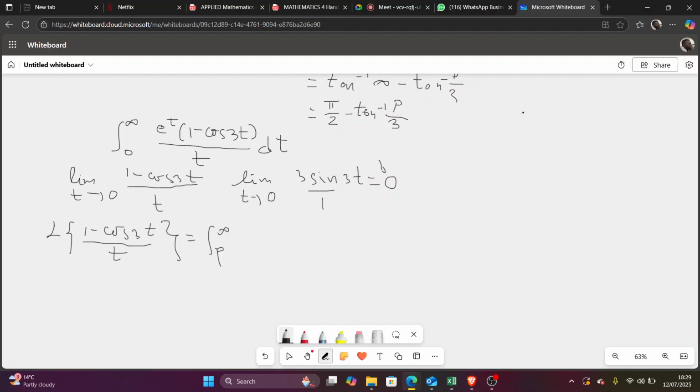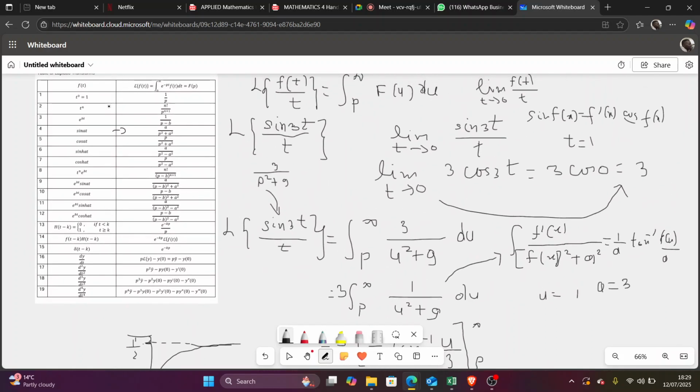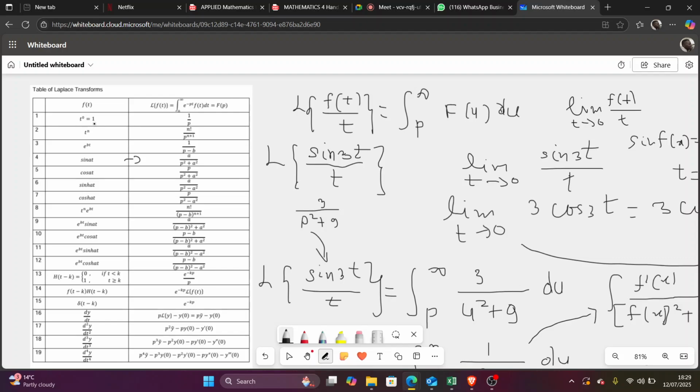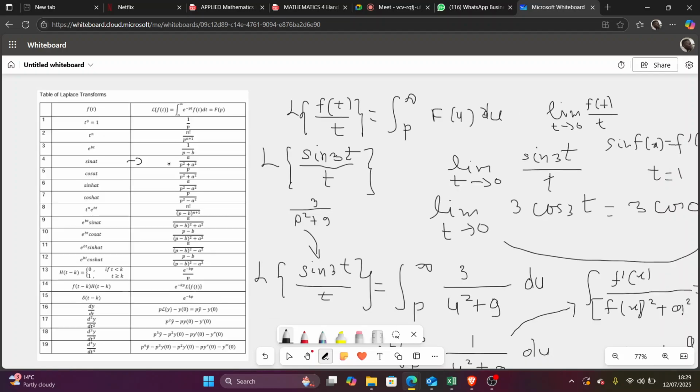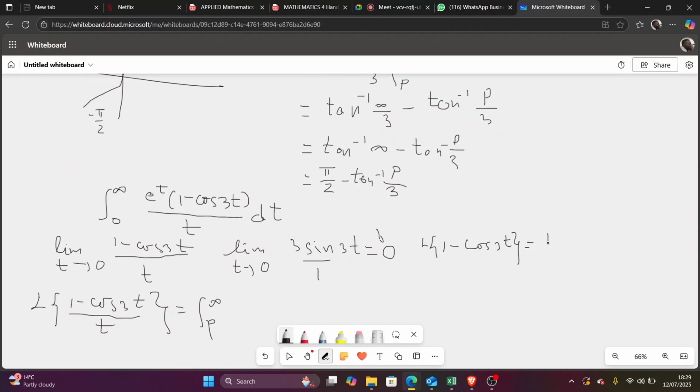What do I mean by that? If you have Laplace of 1 minus cos 3t, how do you solve it? You come to your formula sheet. What is Laplace of 1? We have formulas here. Laplace of 1, which is t to the 0, is simply 1 over p. So here, what you're going to have is 1 over p, minus, what is Laplace of cos 3t?